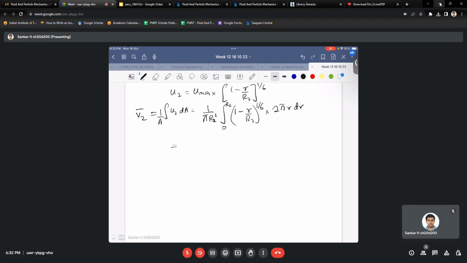And again we can cancel out some of the terms here, which is 1 by r2 square integral 0 to, this would be a little bit different, this should be 2 by r2 square integral 0 to r2 1 minus r by r2 the whole power 1 by 6 times dr. Now the reason we are doing this is to find a relation between u bar and u max.